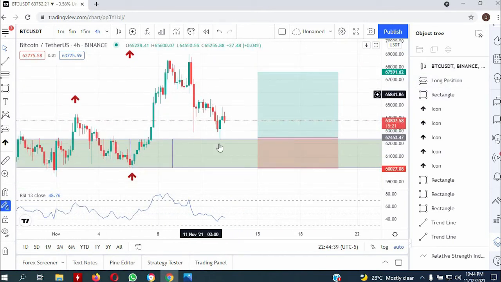Yes, so I'm expecting the Bitcoin to come down to this area for support and then push further up to take out this level and continue the bull trend.